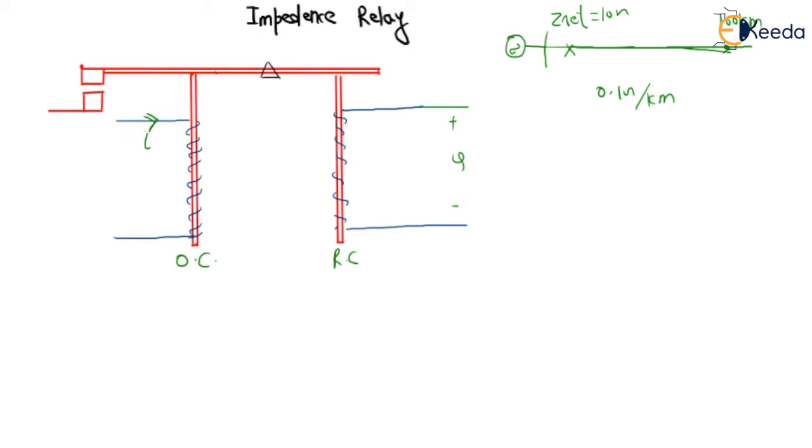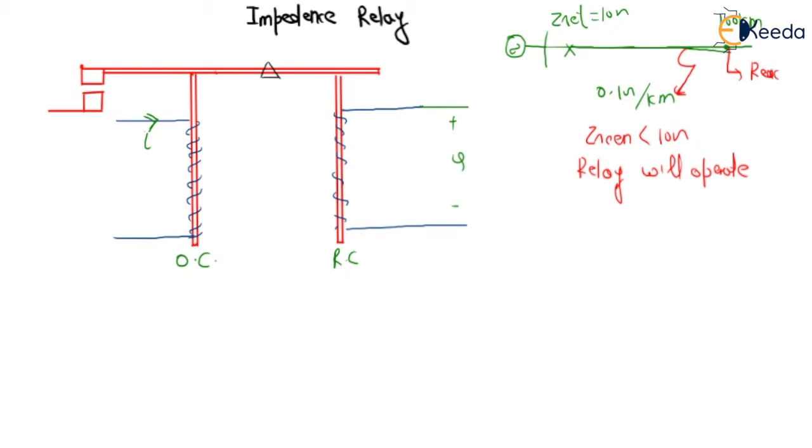And let us assume if any kind of fault occurs before this 100 km, means Z seen will be less than 10 ohm, so the relay will operate. So we can see that this 100 kilometer is the reach of the relay.